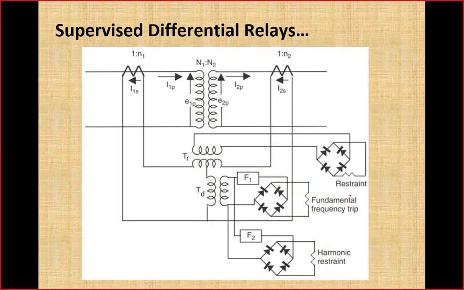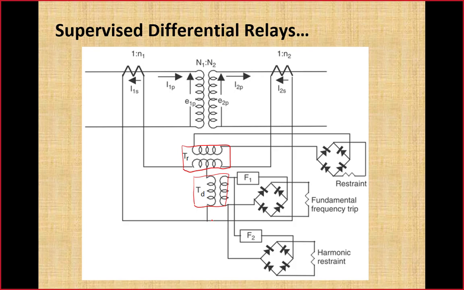Here this diagram shows how we are going to restrain the operation of the differential relay. Initially, we know that in a percentage differential relay, restraining action is done by the restraining coil. Instead of using a restraining coil here, we have used two auxiliary current transformers: TR, known as the auxiliary restraining transformer, and TD, known as the auxiliary differential transformer, connected at the differential branch.